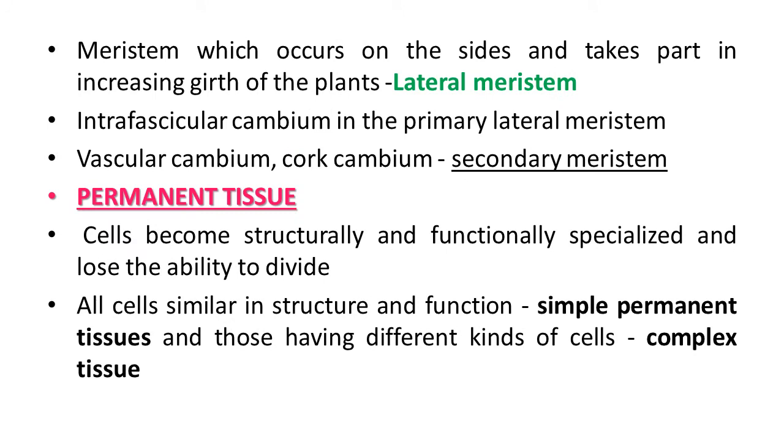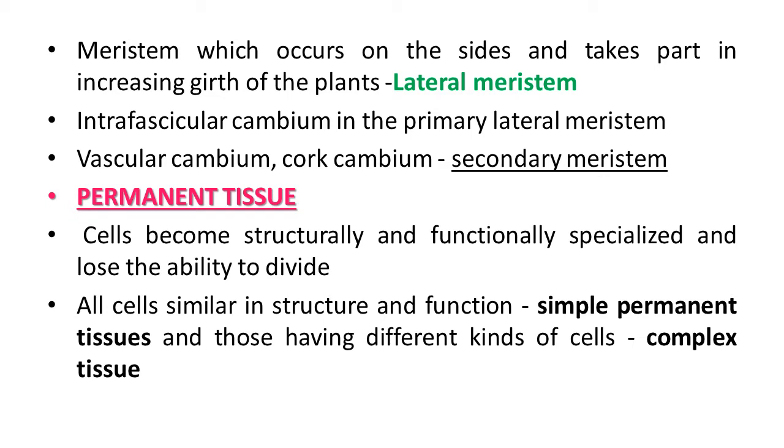Lateral meristem occurs on the lateral side of the plant organ, and its main role is increasing the girth of the plant. As it is located on the lateral region of the plant, it is responsible for lateral growth.